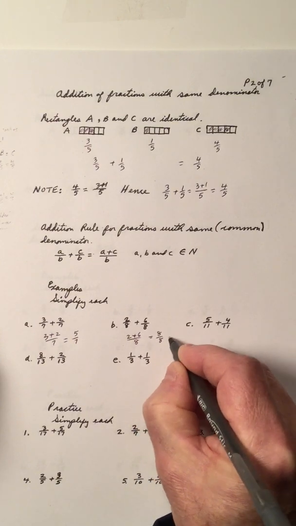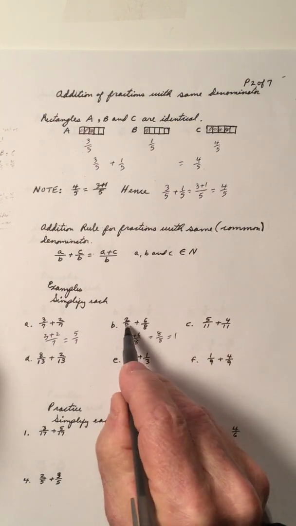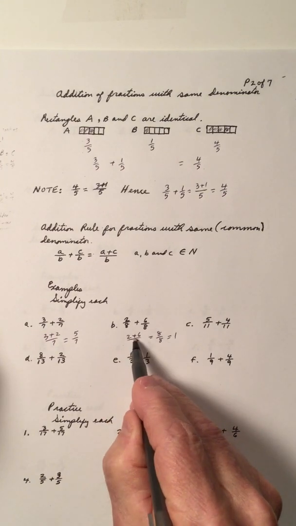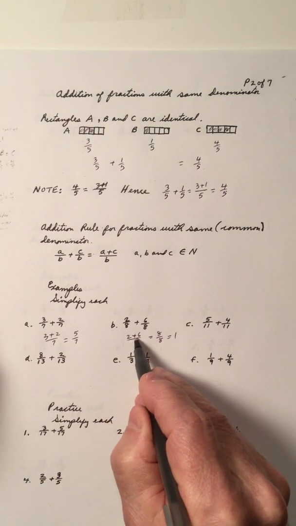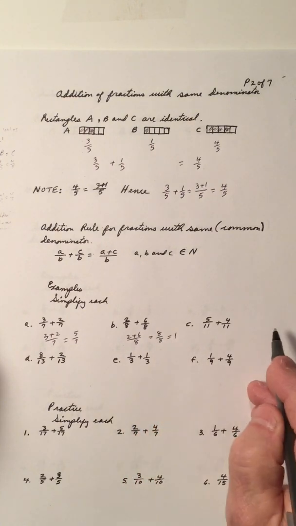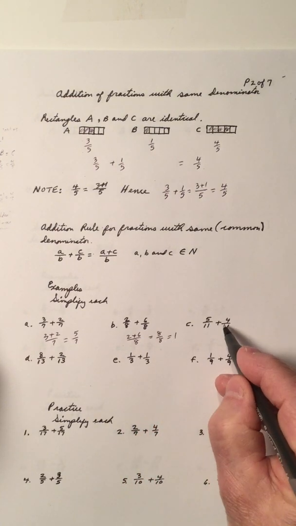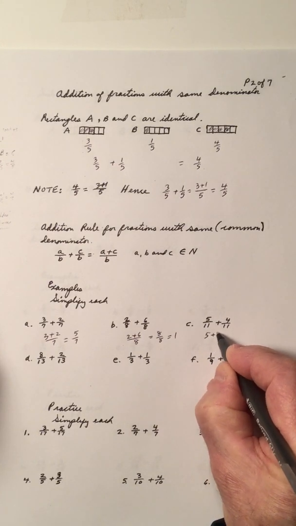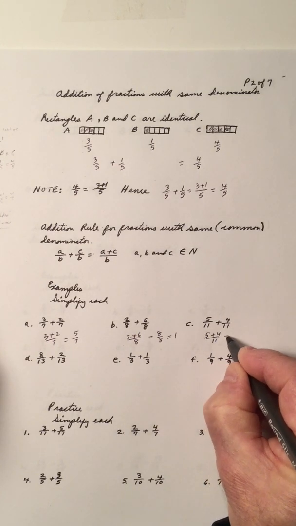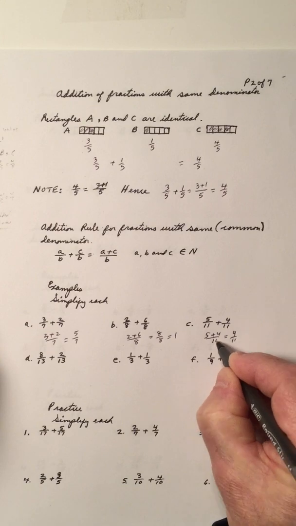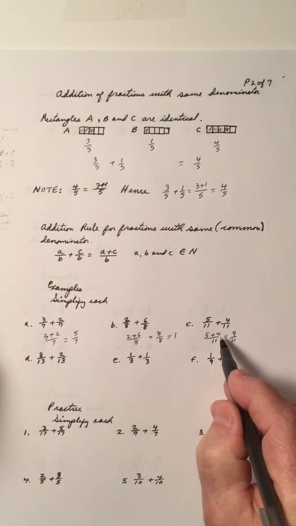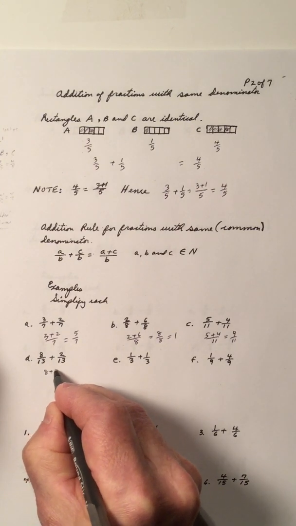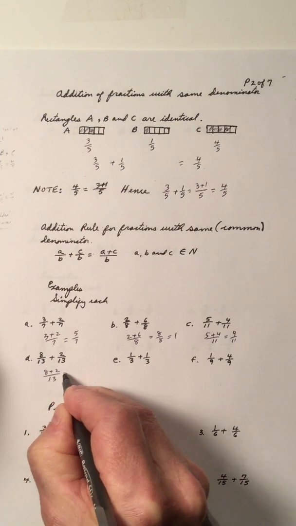Same denominator is 8, so 2 plus 6 is placed on top. 2 and 6 make 8. 8 over 8 is 1. 5 over 11 plus 4 over 11 becomes 5 plus 4 over 11, which is 9 over 11. So we add the numerators and keep the denominator.